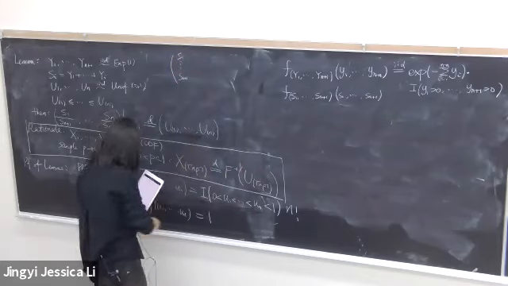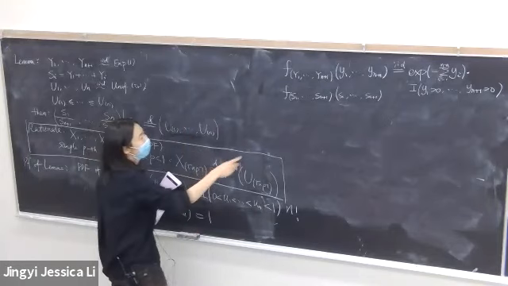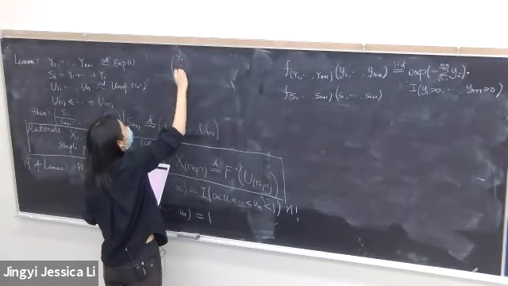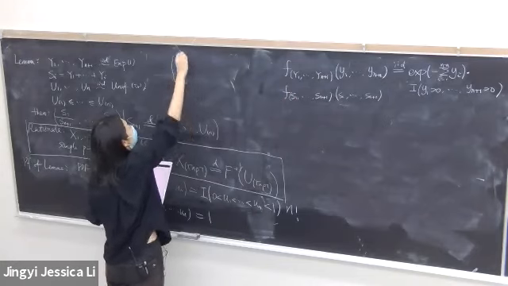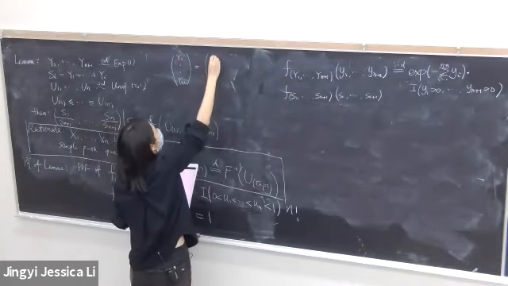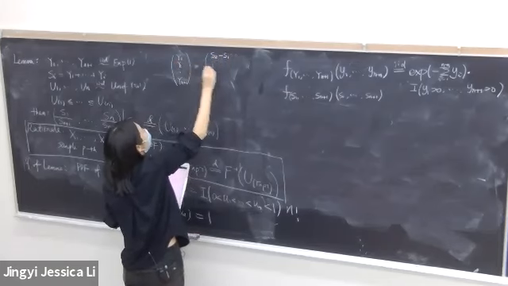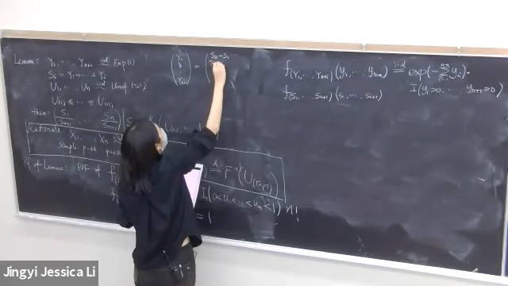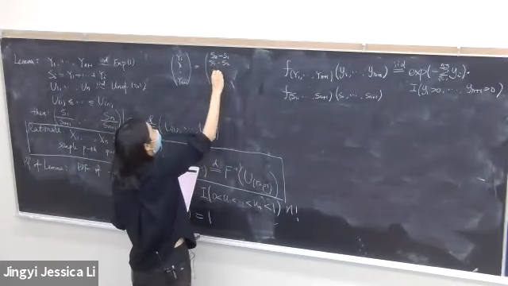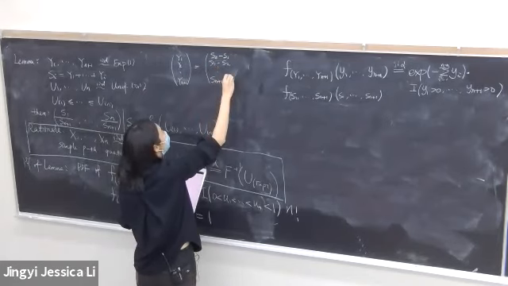Or maybe it's easier to go the other way. The other way is how can I go from here to here? So you see Y1 to Y(n+1). What is Y1? Y1 can be written as S2 minus S1, okay? And Y2 is S3 minus S2. And finally, Y(n+1) is S(n+1) minus Sn.